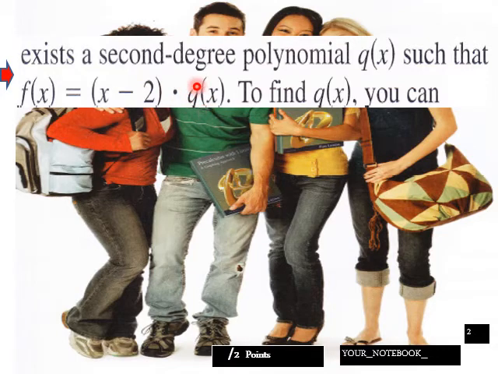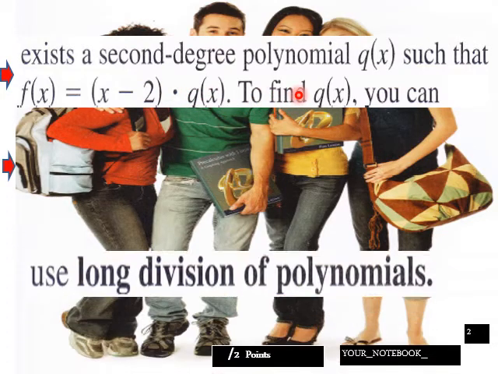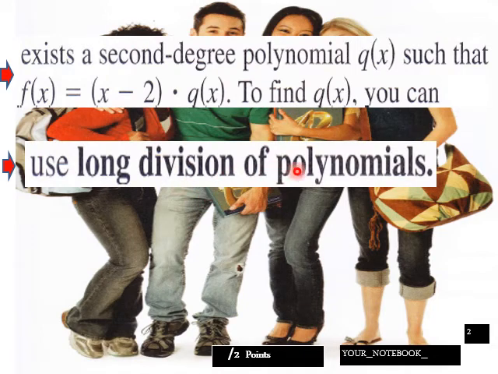Your quotient would be a second degree polynomial. To find q of x, you can use long division of polynomials. So at first we used graphing. Now we're going to use long division because we know x minus 2 is a factor of that polynomial.